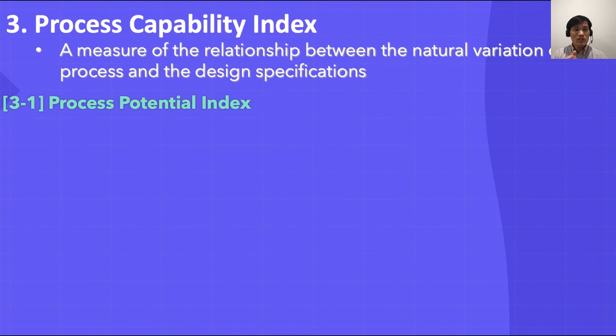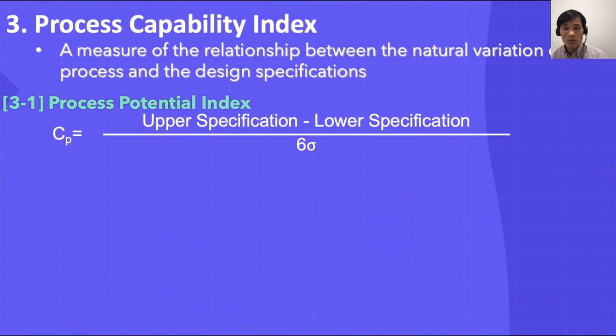So the first one that I want to introduce to you is Process Potential Index. Cp refers to potential capability. For example, a student is capable of scoring 95 out of 100. So this is a process potential capability, or Cp.